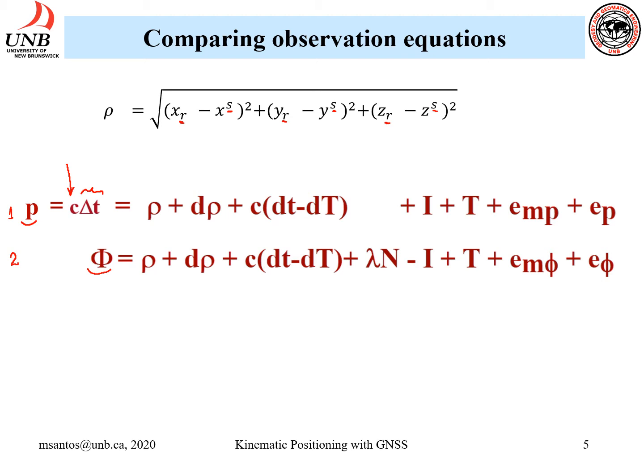We need to understand these terms here, and we are going to start calling attention to what is unknown in these observation equations. The 3D Cartesian coordinates of the receiver, sorry, are unknowns, and these terms here, the orbits of the satellite, they are given. They have to be given somehow.